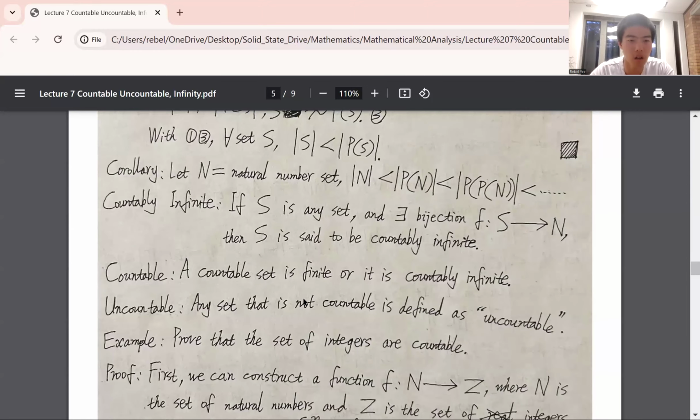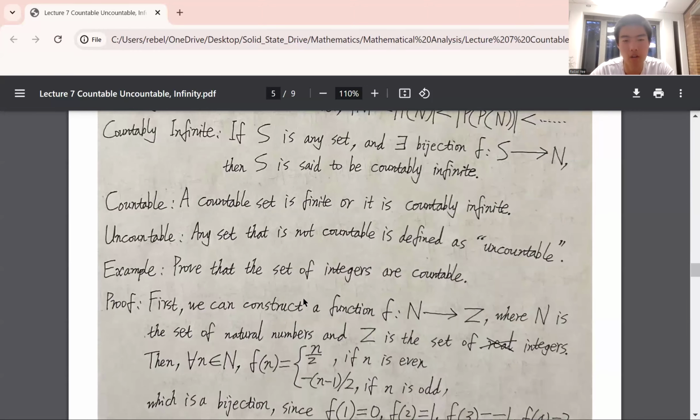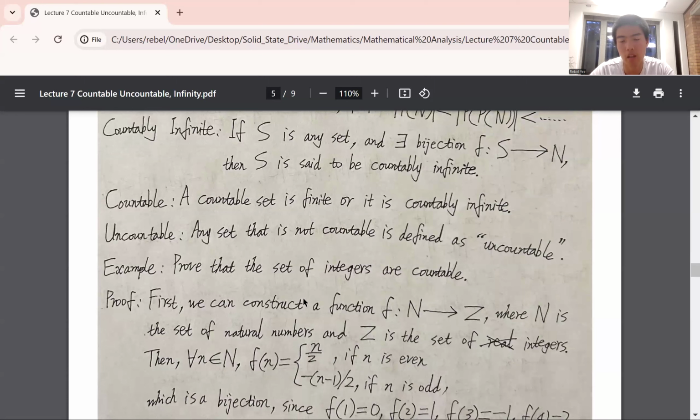So let's talk about countably infinite. If S is any set, and there's a bijection f from S to N, which means it has the same cardinality as the natural numbers, then we say S is countably infinite. And what are countable sets? Countable sets include the finite sets and the countably infinite sets.